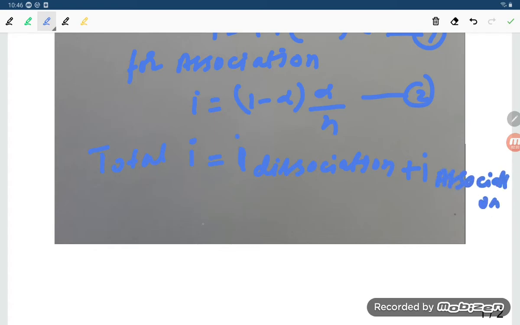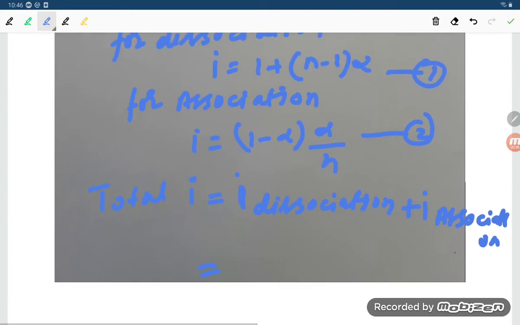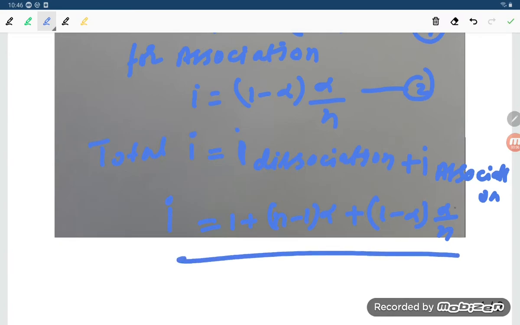So let us write i dissociation from equation 1: 1 plus (n minus 1) alpha, and another is i association: 1 minus alpha plus alpha by n. And when you are calculating i, this is the initial mole.